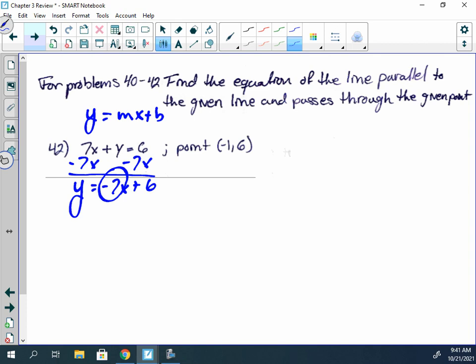Now, are 7x and 6 like terms? Well, no, one of them has x, the other doesn't. So we can't just combine those. We just put it next to it. So that tells me the slope of the line is negative 7.